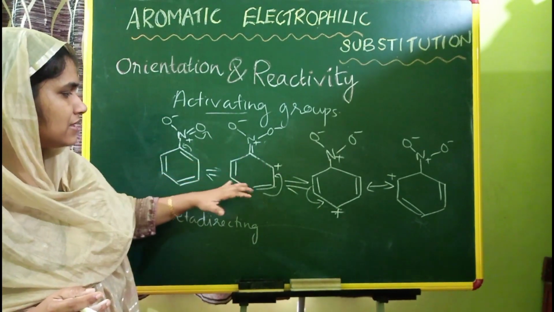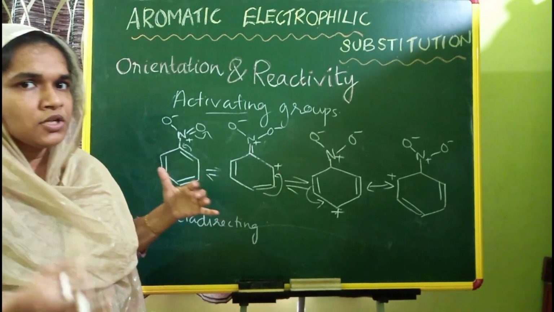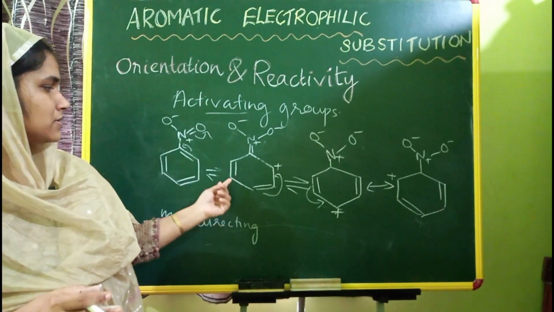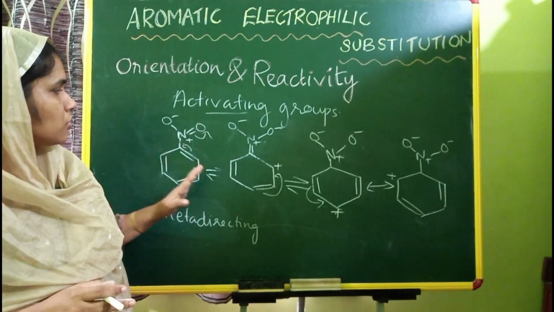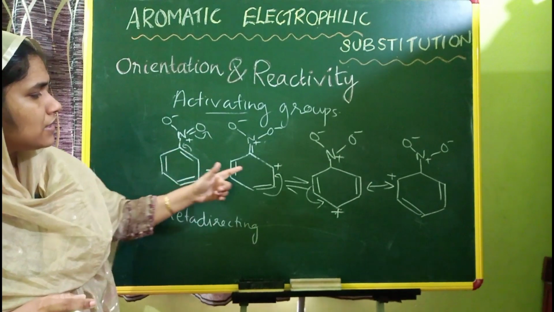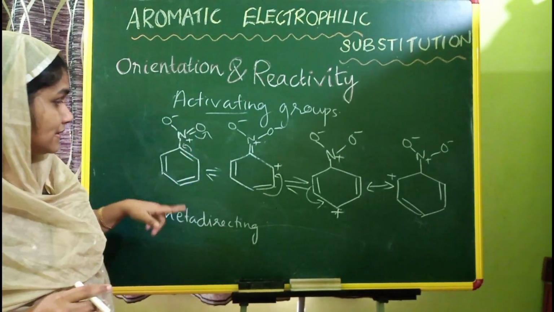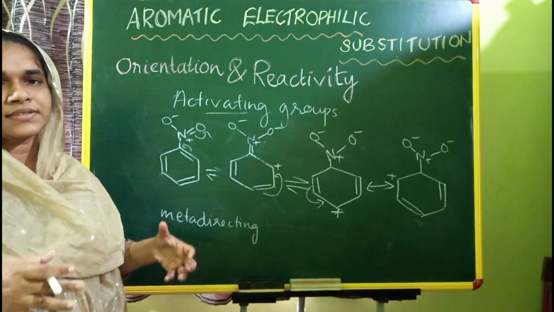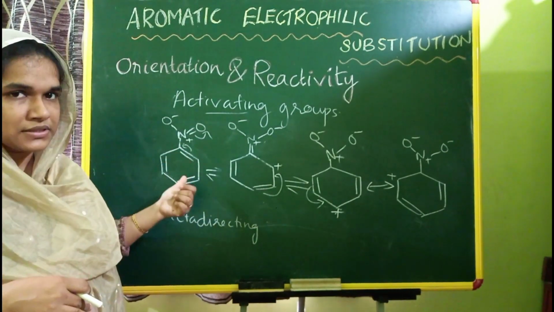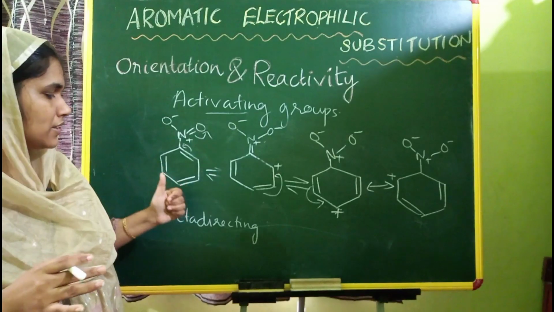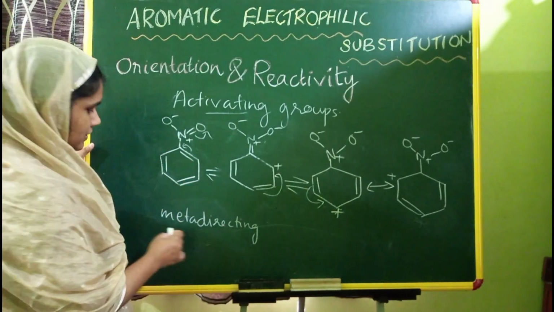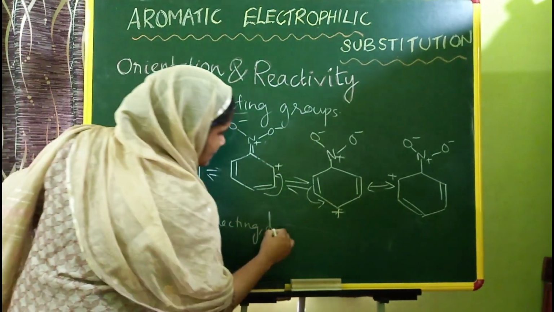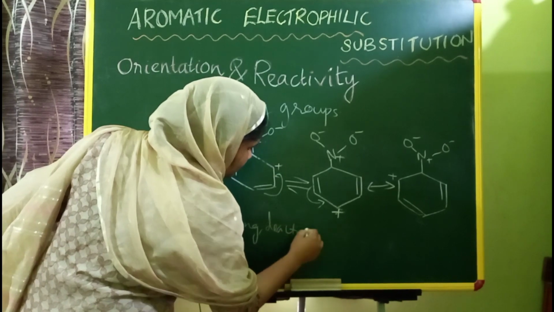Here the comparatively electron-rich position is the meta position, so the electrophile approaches at the meta position. It is also a deactivating group. Why is it deactivating? It decreases the electron density of this benzene ring, so it is a deactivating system.